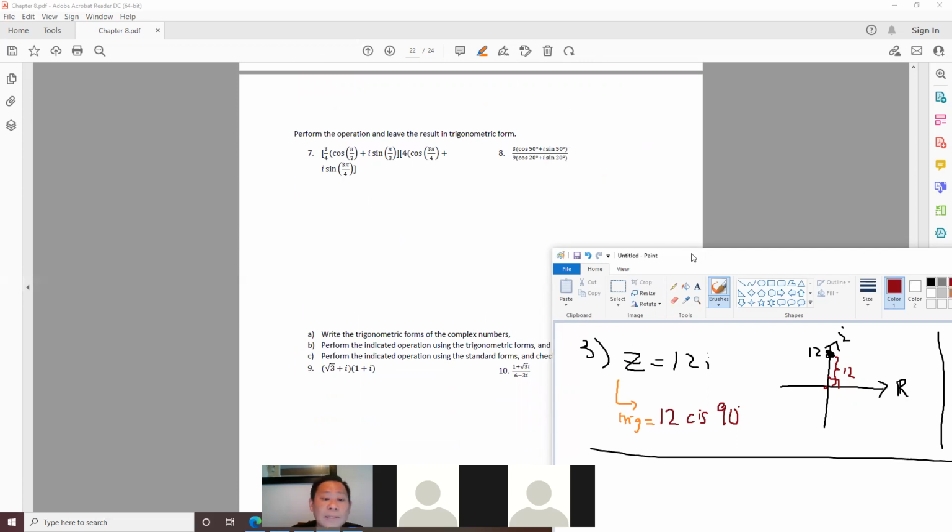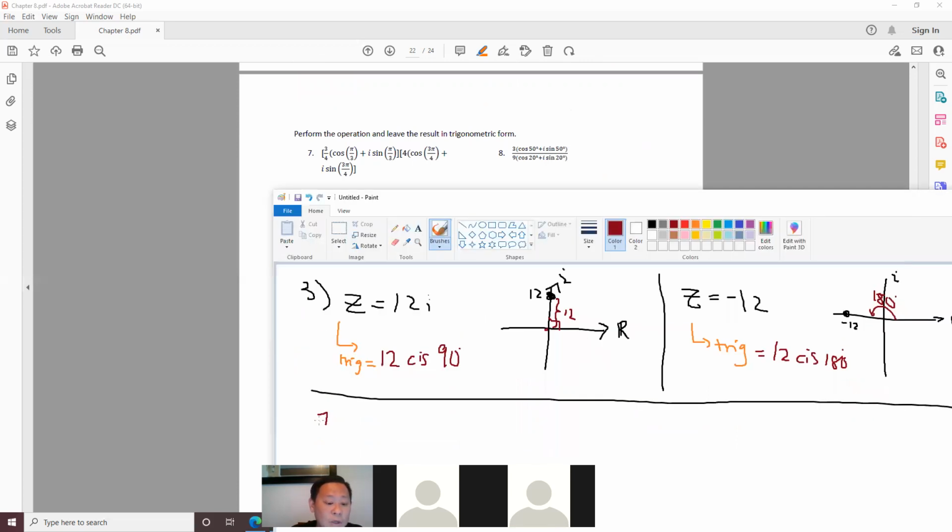Okay. For example, question number 7. Question number 7 and 8 is pretty good news, because both 7 and 8 are in the trigonometric form, the CIS form. So 7 is multiplication. We will have 3 over 4 CIS pi over 3. Just write it down in this form, it's easier to see. And then you multiply with 4 CIS 3 pi over 4.